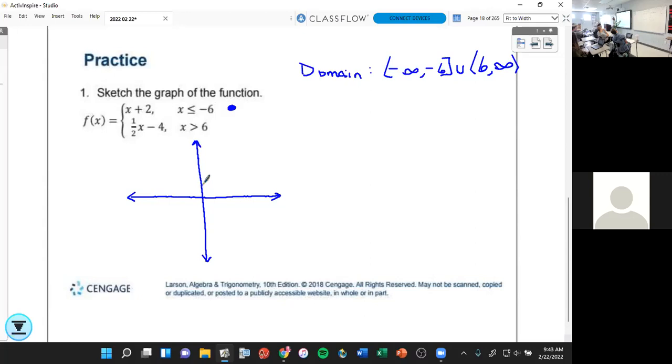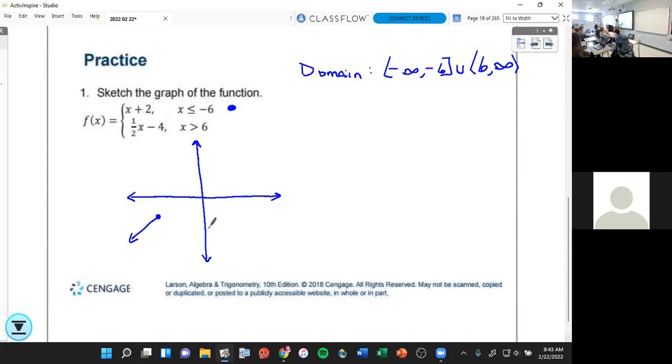What's the slope? 1. I'm just going to kind of do a slope of 1, and I'm going to come back to about where I think -6 might be. Something like this. The other side. Down to -4. 1, 2, 3, 4. Little flatter.